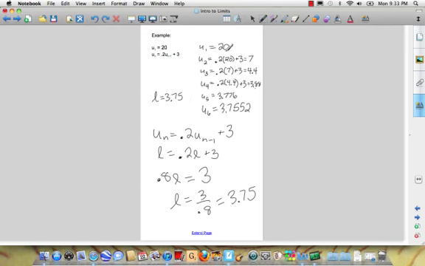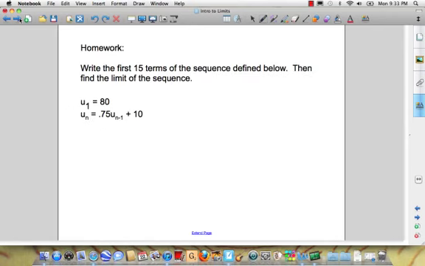The terms are getting closer and closer and closer to 3.75: 7, 4.4, 3.88, 3.776, 3.7552. The limit is 3.75. Okay, that's kind of sophisticated. I think that's a neat trick that you can figure that out with algebra.